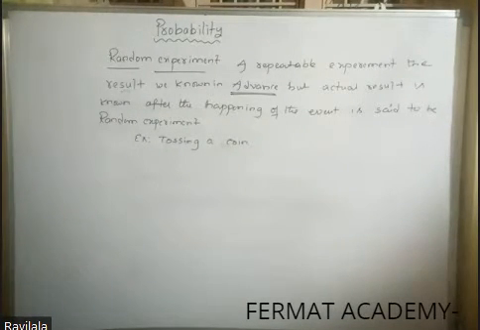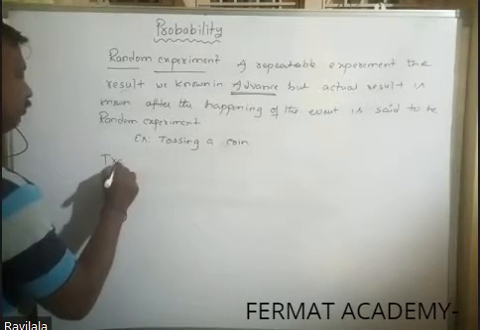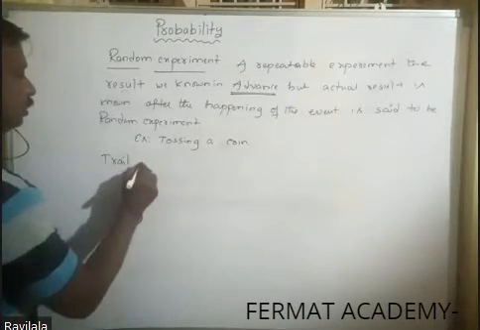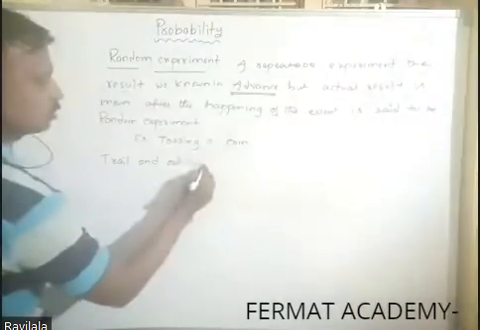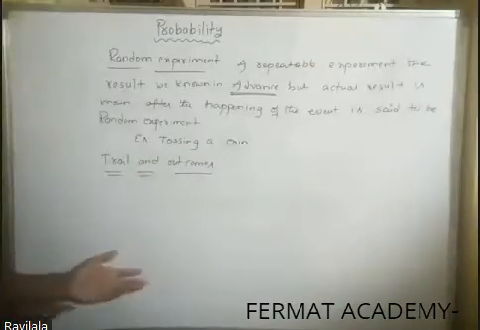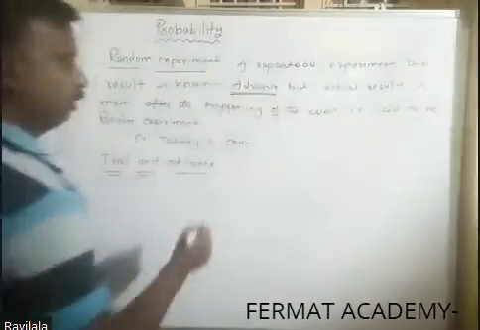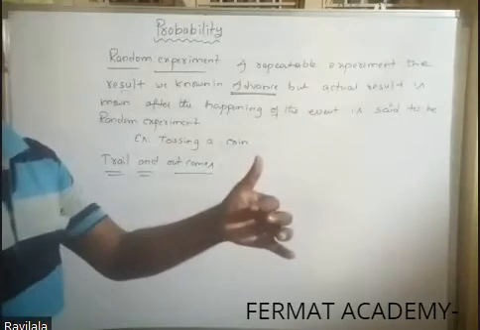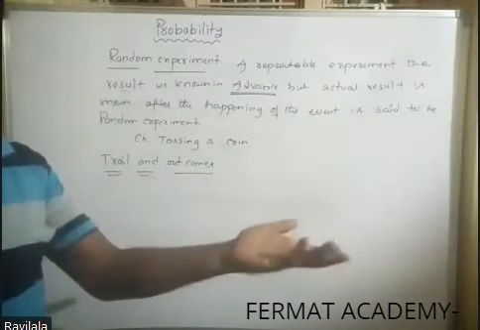And next one is trial and outcomes. What is trial? Conducting or performing the experiment. I am conducting tossing a coin. I am conducting this game. I am conducting throwing a die.